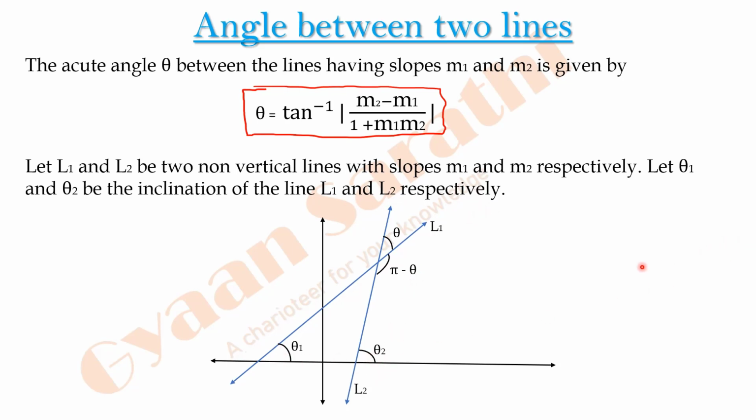Okay, so now we see the angle between the two lines is theta. Otherwise we can say the angle between the two lines is pi minus theta as well. So this is the acute angle between the two lines, as we can see from the figure itself, and this is the obtuse angle between the two lines.